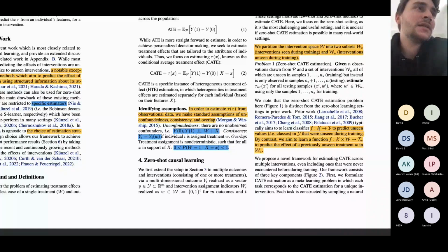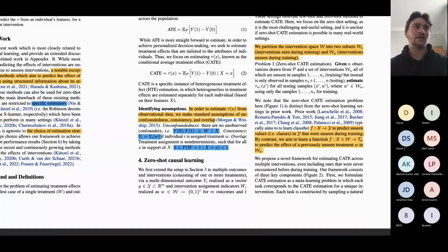Okay. And they make a distinction between just zero shot learning and their problem. I'll use ImageNet as an example of the zero shot case they're saying is different from theirs.